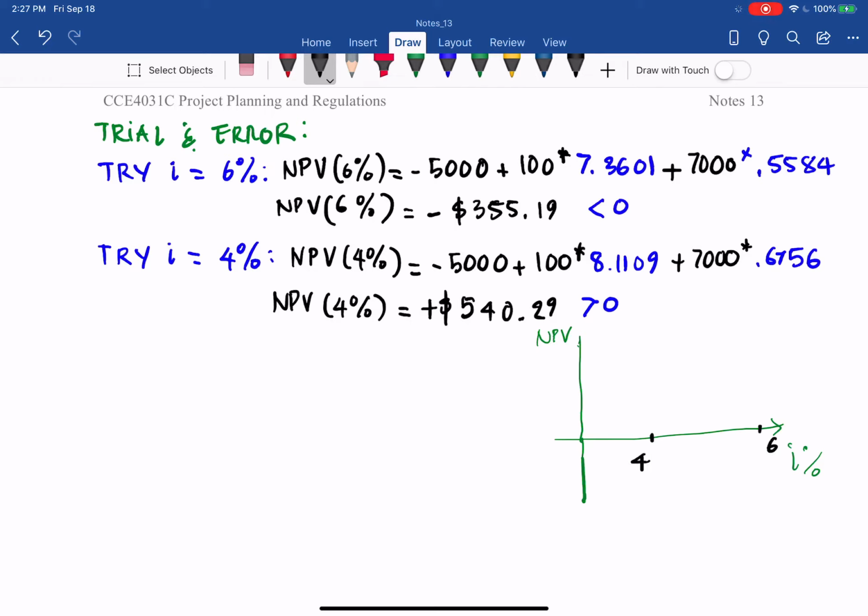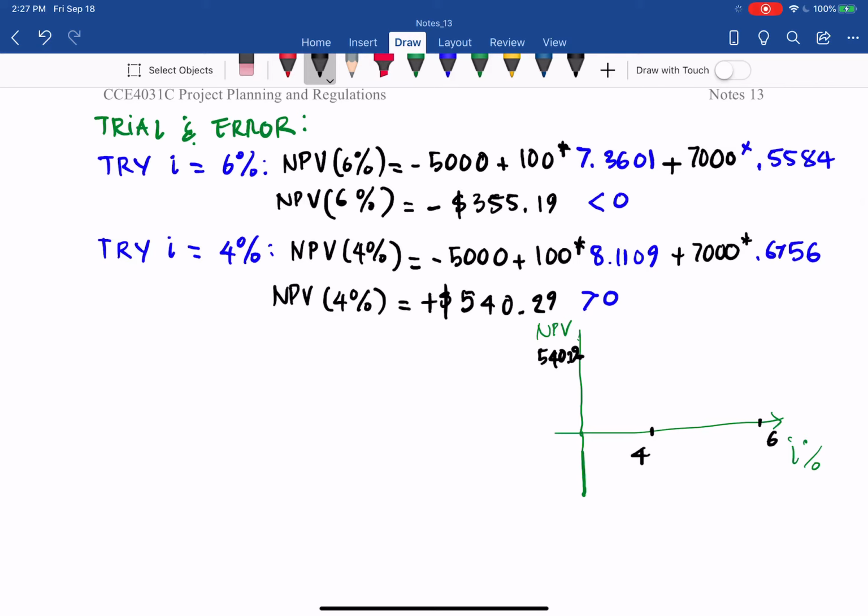You can see that 540 is positive, so somewhere there. And then with 6% it's negative 355, so somewhere there.